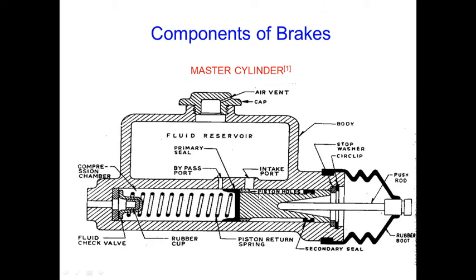We can also see the function of these holes. While pushing this piston forward during the compression stroke, this seal will be stuck to the walls of the master cylinder and expanded.